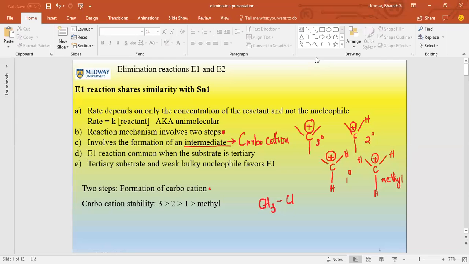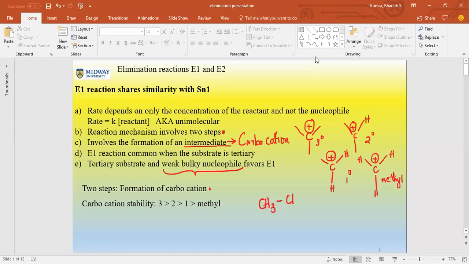Tertiary substrates and weak, bulky nucleophile. We have not really focused on this as much, and that was for a reason. We're going to focus on this in more detail as we go through. A tertiary substrate and a weak nucleophile. The bulky is very important because some nucleophiles are small, some are really, really big.